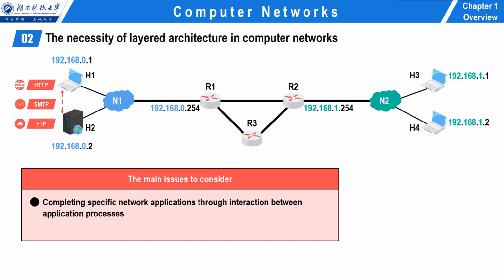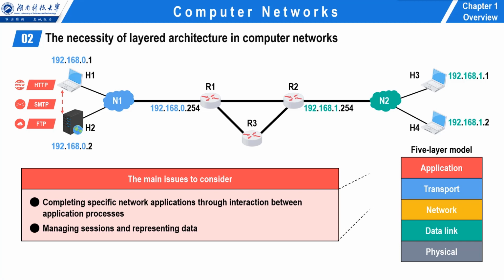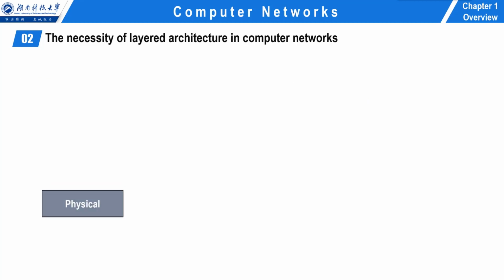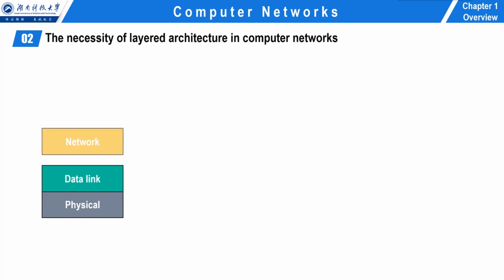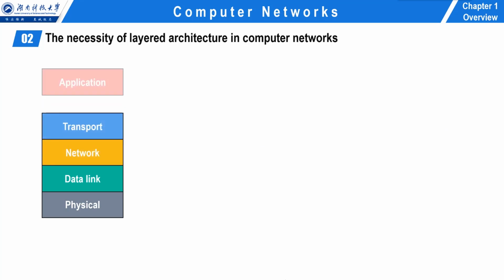Additionally, when formulating application protocols, we also need to consider session management and data representation issues when application processes communicate over the network. We can categorize these issues into the application layer. So, we have categorized the main issues that need to be solved in implementing computer networks into the physical layer, the data link layer, the network layer, the transport layer, and the application layer, thus forming a 5-layer architecture.